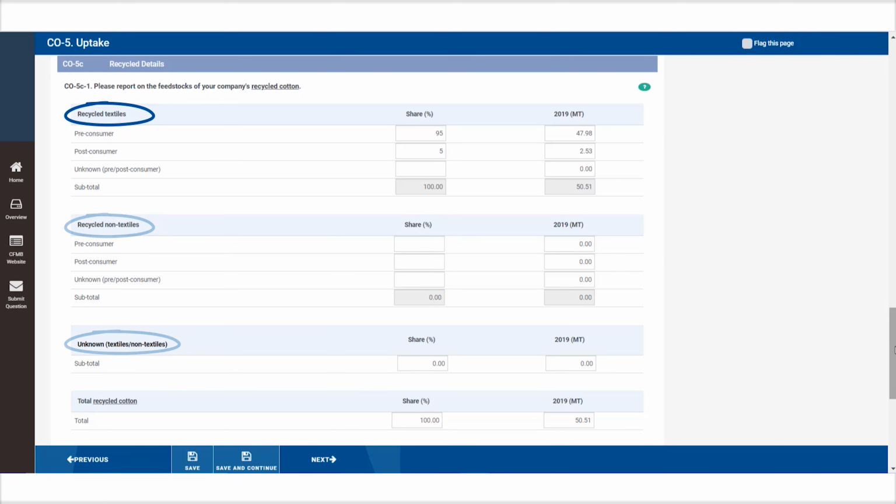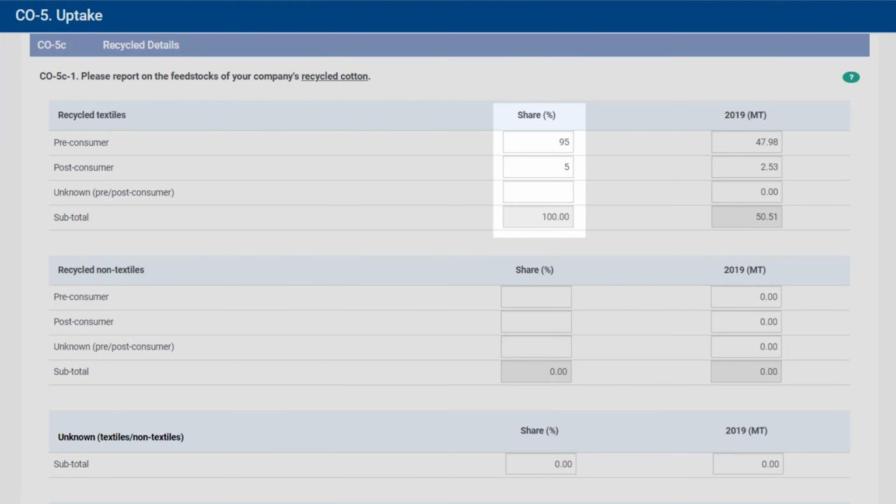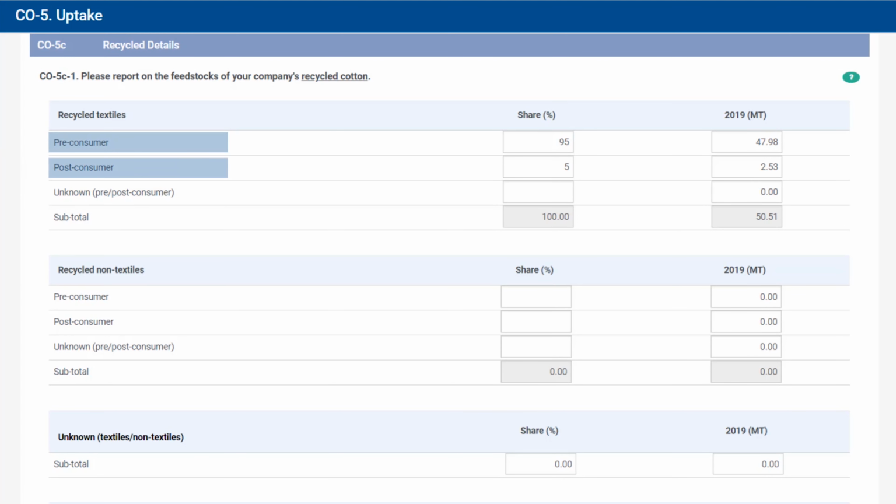For the recycled textiles table, please report the percentage share of your uptake of that material, which is pre-consumer recycled textiles, post-consumer recycled textiles, or of recycled textile origin, but you're not sure if this is pre or post-consumer. Complete this process again for non-textile feedstock, and for any remaining feedstock where you have no knowledge of process or origin, please report this under unknown.